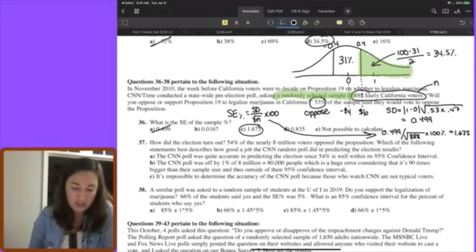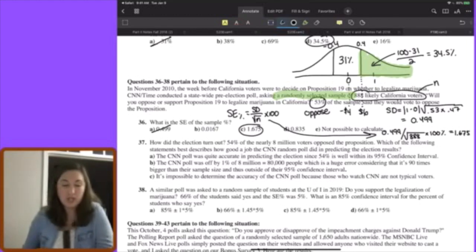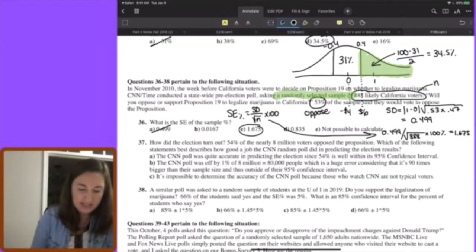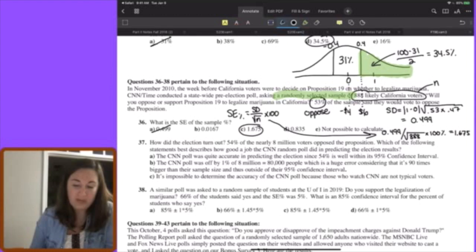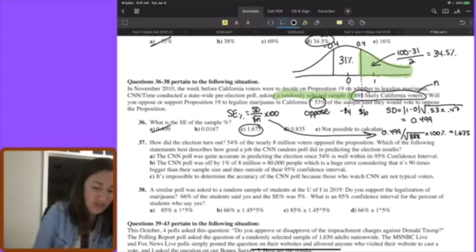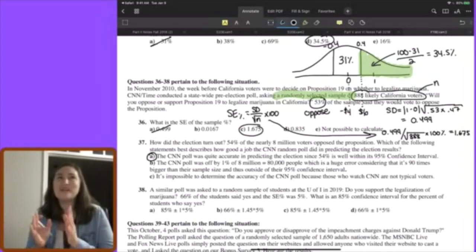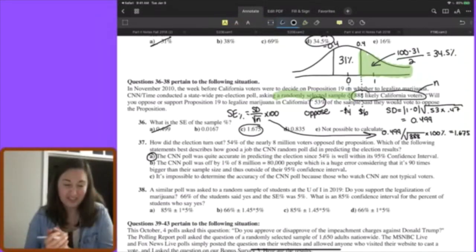It says, which of the following statements best describes how good of a job the CNN random poll did in predicting the election results? I would say here that we did pretty good. It was a 1% difference. A says the CNN poll was quite accurate since 54 is well within its 95% confidence interval. Yeah, we could calculate a confidence interval if we wanted to, but 1% is pretty good.